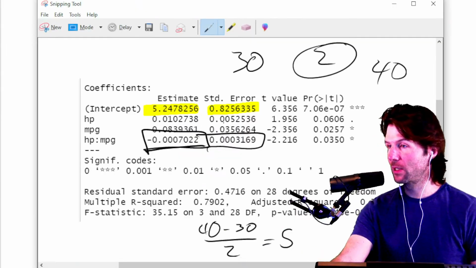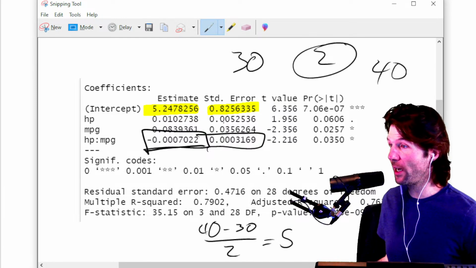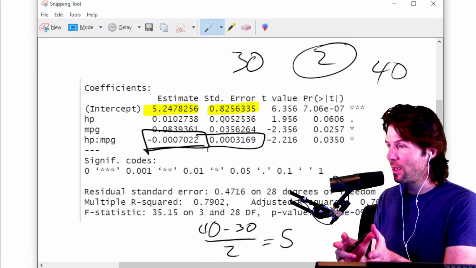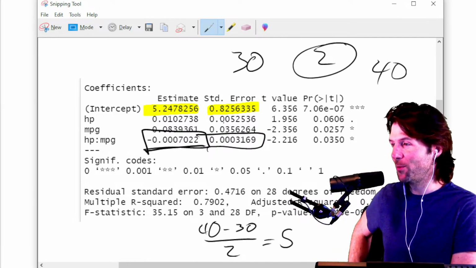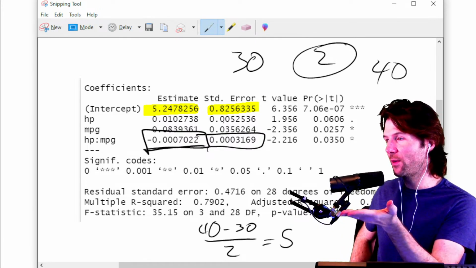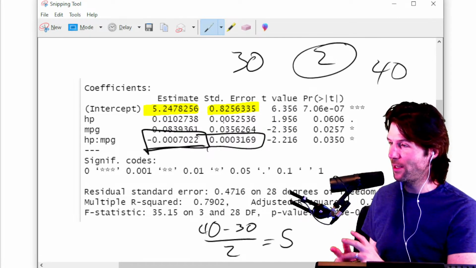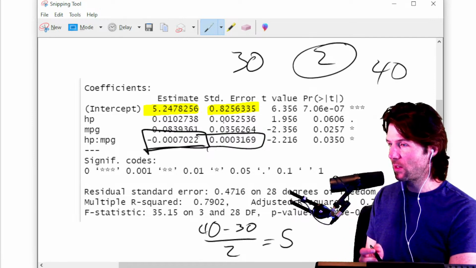Like the interaction is very tiny, but the interaction's uncertainty is even tinier. So we're like, this is the role we think the interaction plays. And you're like, but that's nothing. And you're like, but we have very little uncertainty in what it plays. The uncertainty is even smaller. So you can't be like, oh, the interaction's nothing. It's so tiny. But we have very small uncertainty in it too. So that's why you have to compare, and it standardizes things.